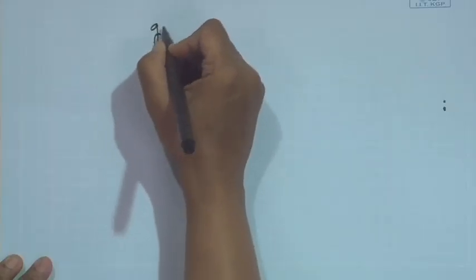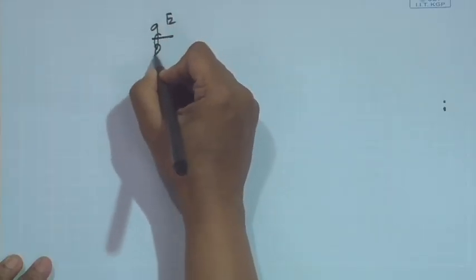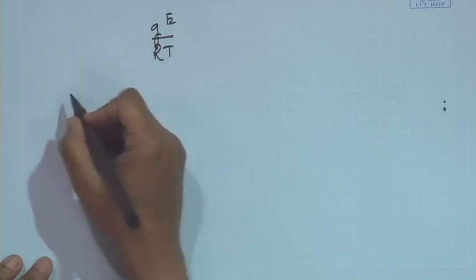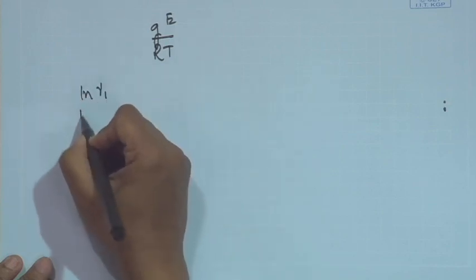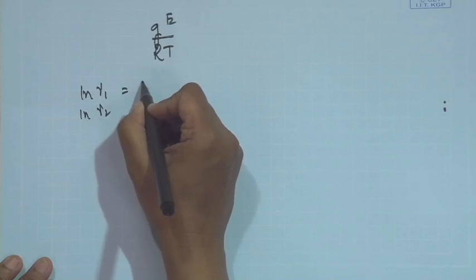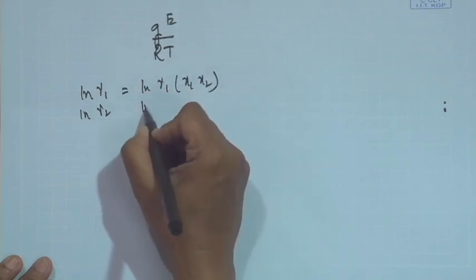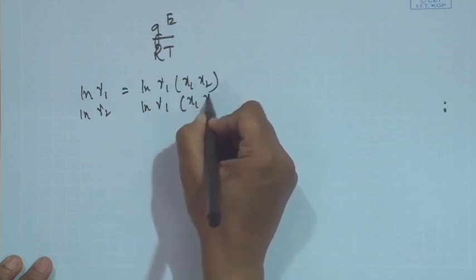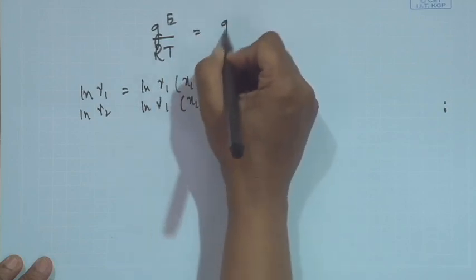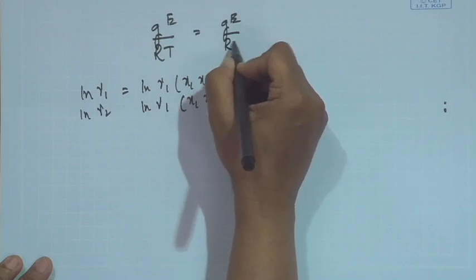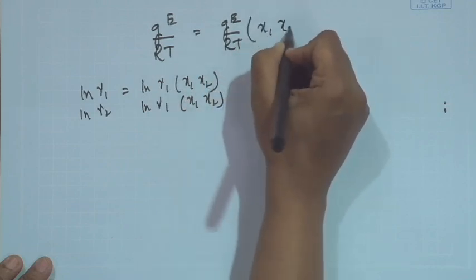What I mean to say is that instead of directly expressing ln gamma 1 or ln gamma 2 as a function of x1, x2, we would prefer to express the Gibbs free energy as a function of x1, x2.